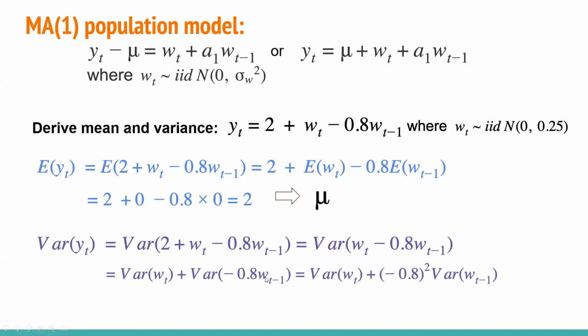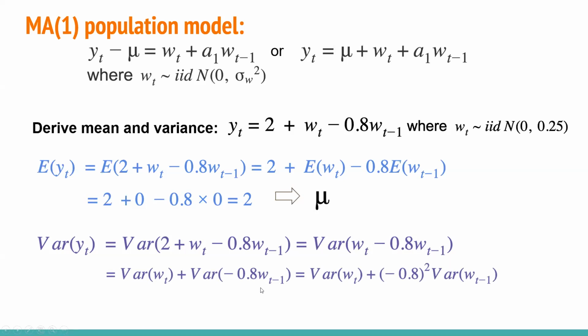And the covariance is 0 because WT and WT minus 1 are independent, and that is the reason why I can write this in this form.